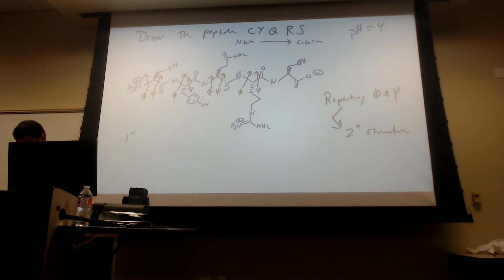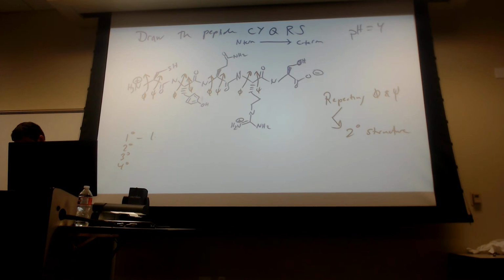We have different kinds of protein structure: primary, secondary, tertiary, quaternary. The linear sequence of amino acids is primary. Secondary, local repeating patterns of structure within a polypeptide.